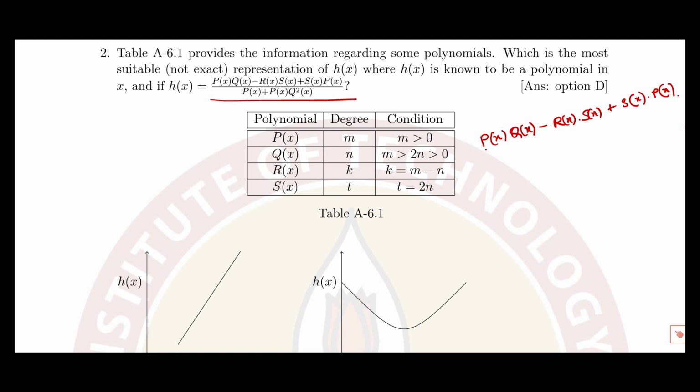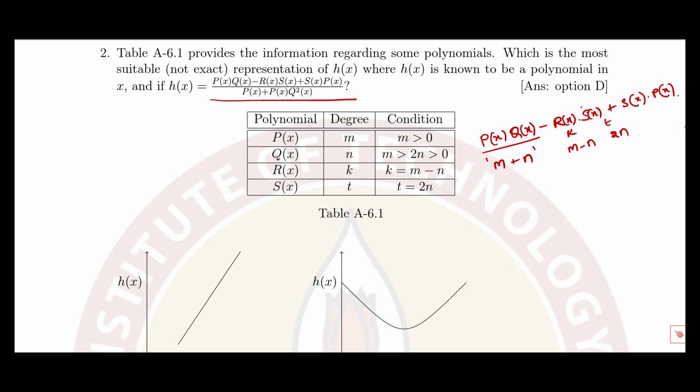The degree of p of x is given to be m, and the degree of q of x is given to be n. So the degree of the polynomial p of x times q of x will be m plus n, and the degree of r of x is k, and we have the condition k is equal to m minus n, so this will be m minus n, and the degree of s of x is t, which is 2n.